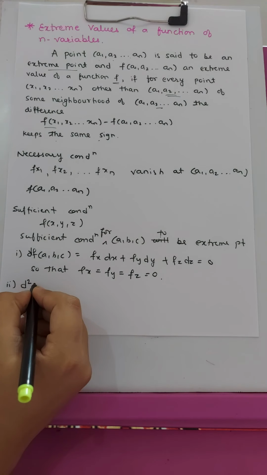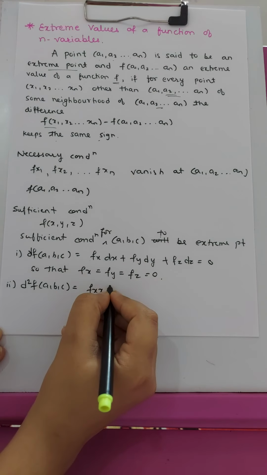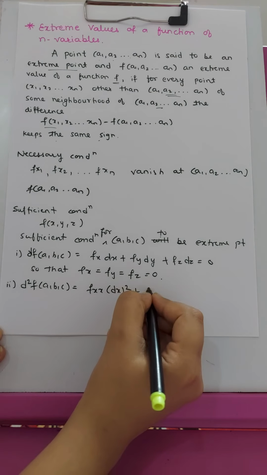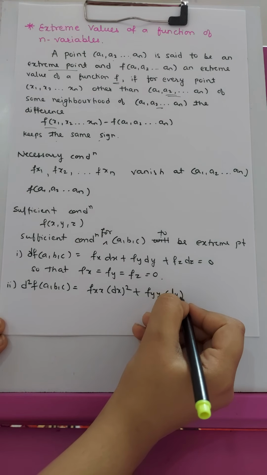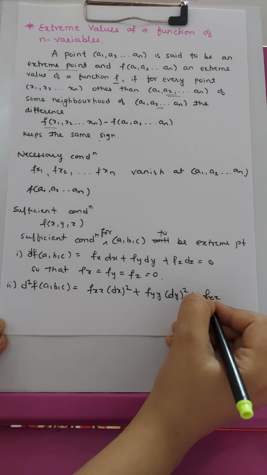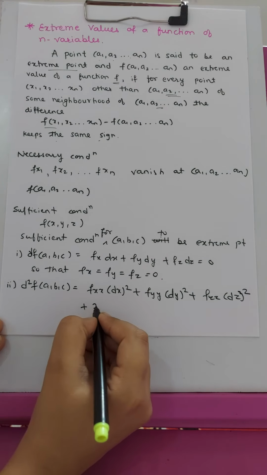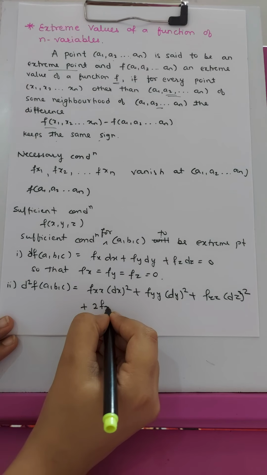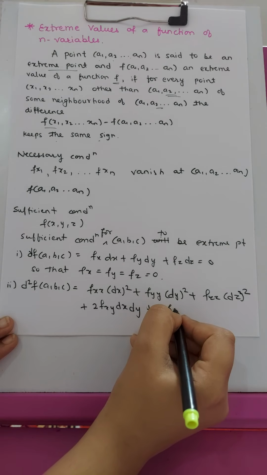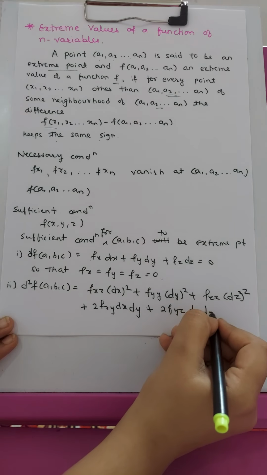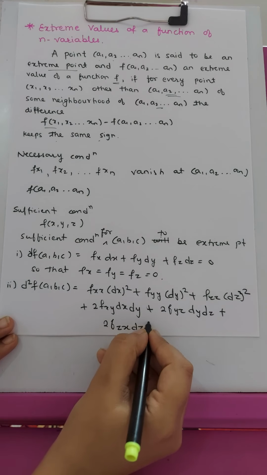the second derivative, that is d2 of f at point a, b, c, is given by f double x dx square plus double derivative of f with respect to y dy square plus double derivative of f with respect to z dz square plus twice f of xy dx dy plus twice f yz dy dz plus twice f zx dz dx.